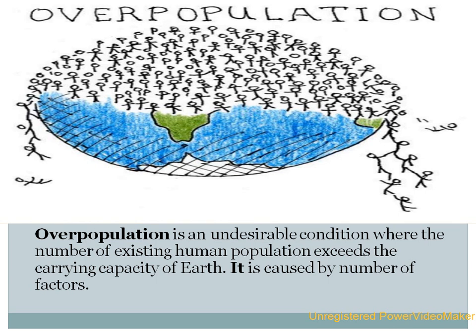So, what is overpopulation? Overpopulation is an undesirable condition where the number of existing human population exceeds the carrying capacity of Earth. It can be caused by a number of factors.